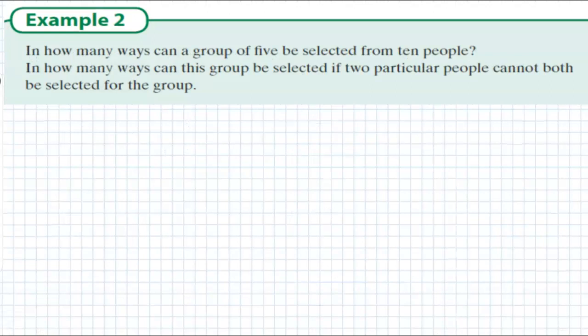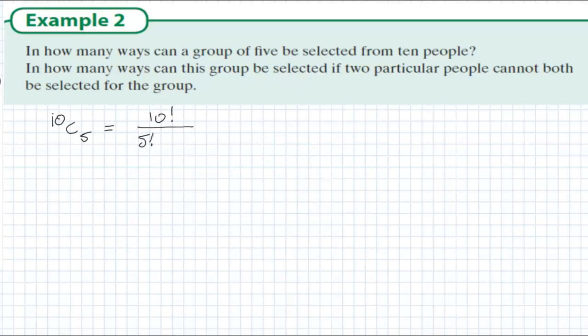The next example, the first part's reasonably straightforward. In how many different ways can a group of 5 be selected from 10 people? Again, we've got 10 people, and we are choosing 5. You can write out what that is as combinations. It's 10 factorial divided by 5 factorial, and the difference between those two is another 5 factorial.